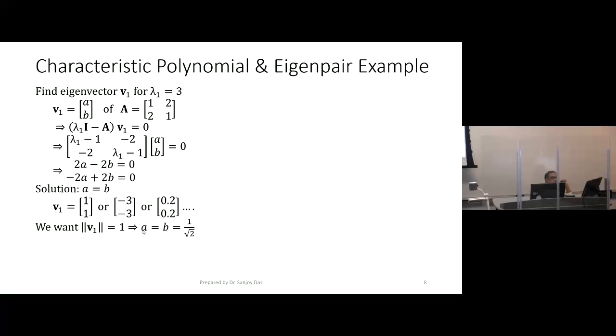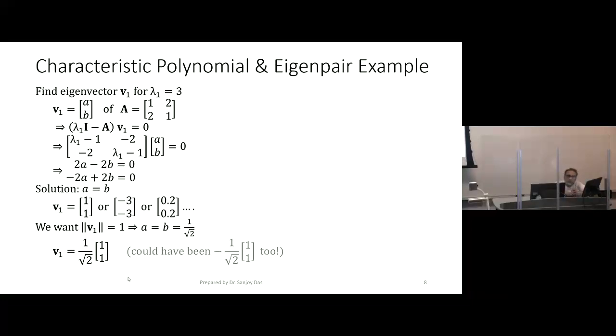So let's make a equals b equals 1 over square root of 2. And so v1 equals 1 over square root of 2 times 1, 1. We could have let a equals negative 1 over square root of 2, in which case we would have gotten negative v1 as the eigenvector. In fact, eigenvectors are simply directions. Their lengths, or if you flip them to the other side by taking the negative, it doesn't matter. It still remains an eigenvector.